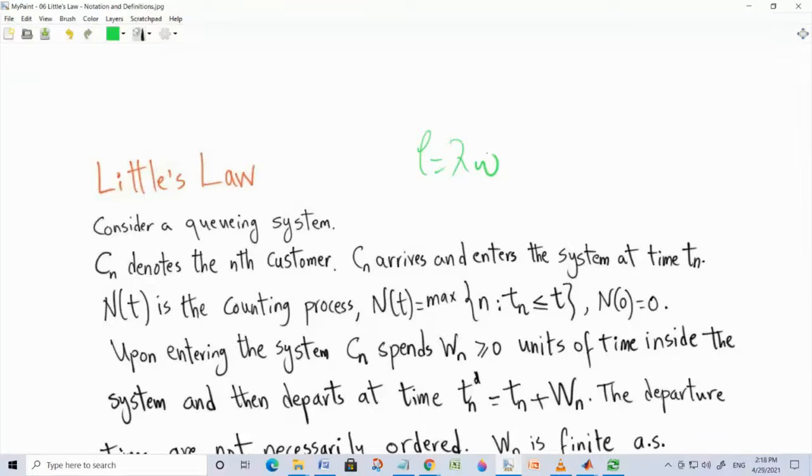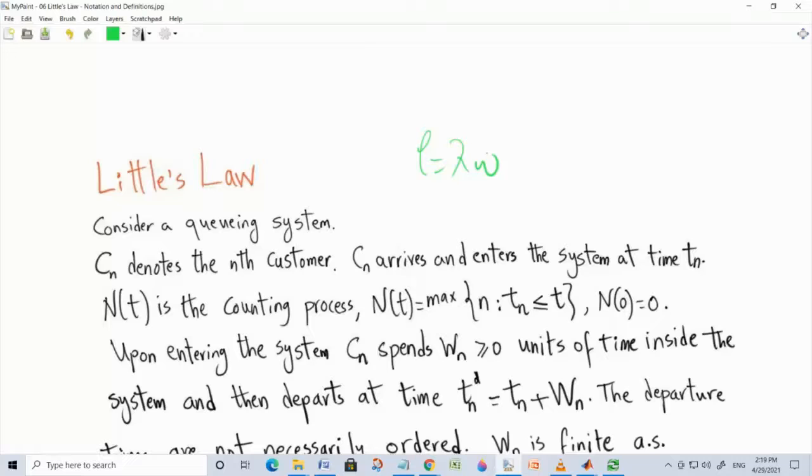Now, Cn denotes the nth customer. Cn arrives and enters into the system at time Tn. So we will give numbers to our customers, C1, C2, C3, and so on. The nth customer will arrive and enter into the system at time Tn.